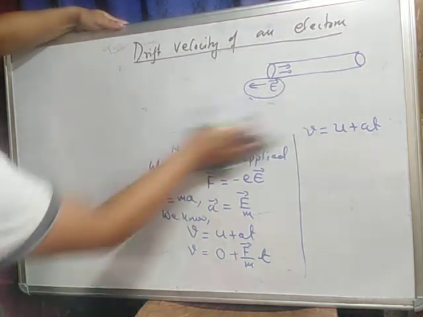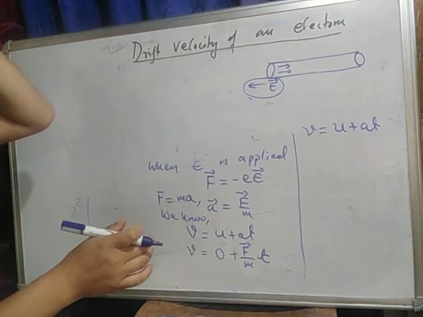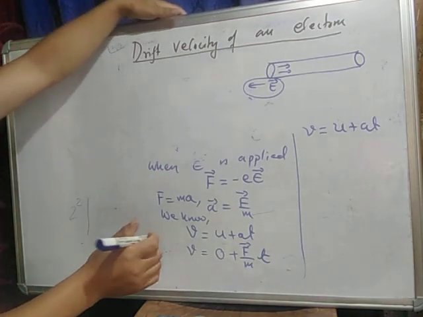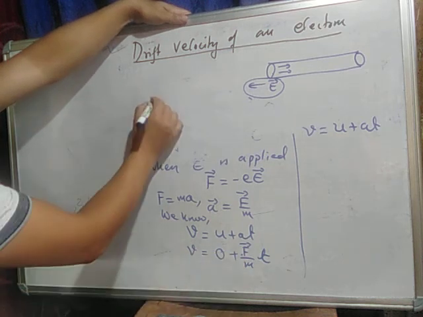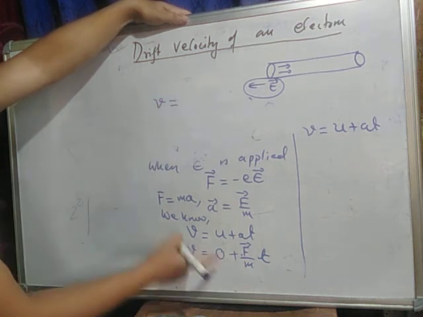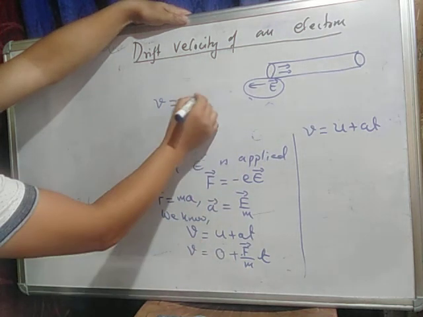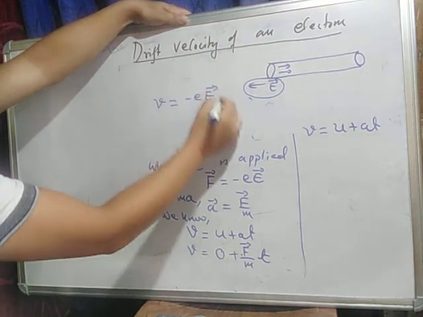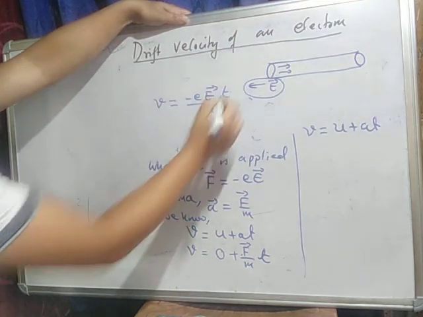So next, in place of F, what we can write? So V equals to 0, no need to write. In place of F, how much? Minus eE, and t is there, divided by m. Clear?